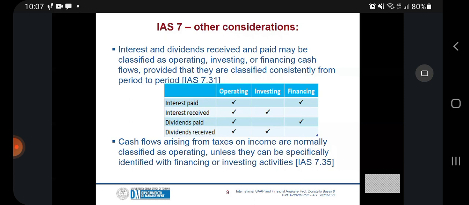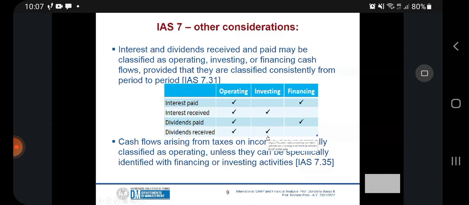Paragraph 35 of IAS 7 specifies that usually the taxes will be considered as operating activity, unless there is an indication or explanation that these taxes can be specifically linked and identified with some investing activity.